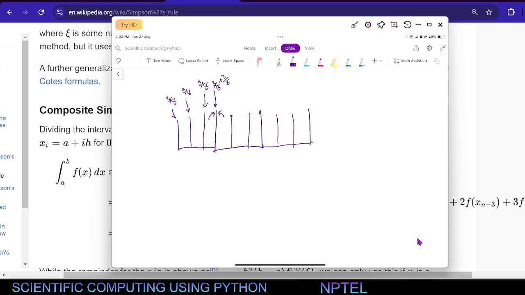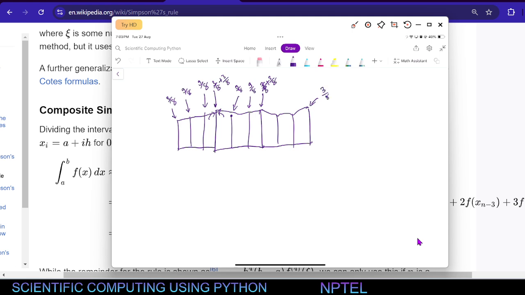This one is only in the second segment, so this will have just 9 by 8, 9 by 8. Again, this will have 3 by 8 plus 3 by 8. And it will continue except the last one, which will have just 3 by 8.